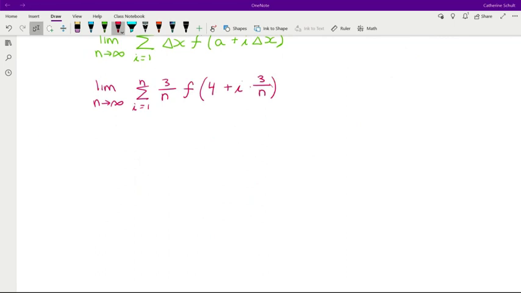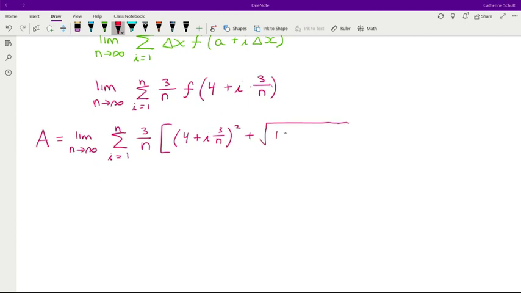All right, so that means the area, and remember the question doesn't want us to evaluate it. We're just setting it up, okay? We're expressing the area. It's going to be the limit as n goes to infinity of the sum, i equals 1 to n of 3 over n. And now plugging in 4 plus i times 3 over n to the function, we get this plus the square root of 1 plus 2 times the input.